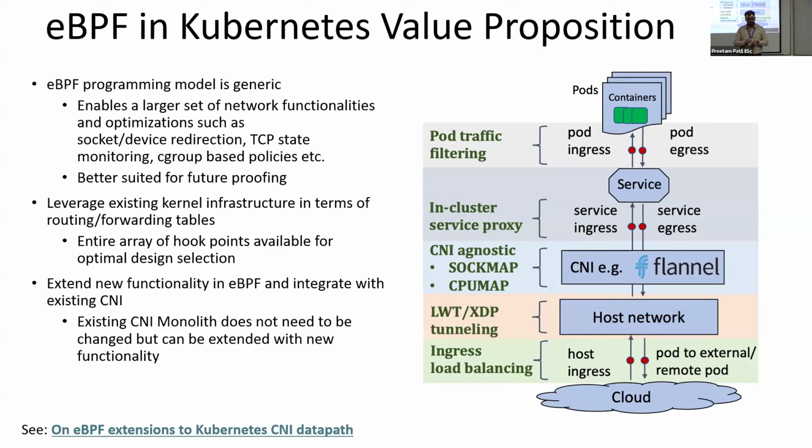SRIOV is not in contrast to XDP. SRIOV is I/O virtualization, where you have one network card with SRIOV and you can make it look like 10 different network cards. So one network card has 10 different queues, or 5 different queues, and it can potentially provide visibility as 10 different network cards to 10 different applications.